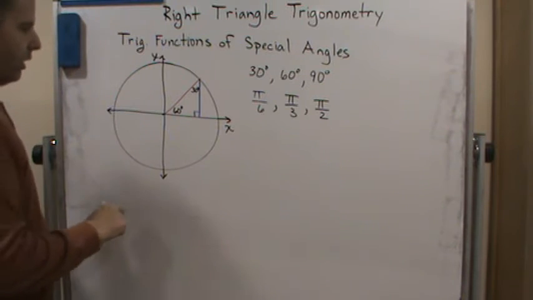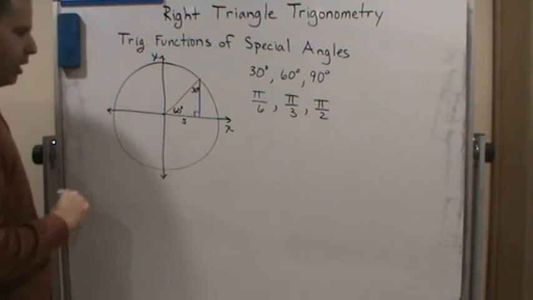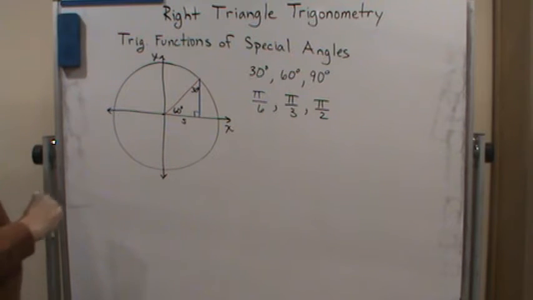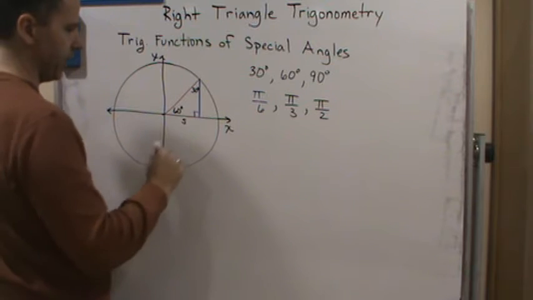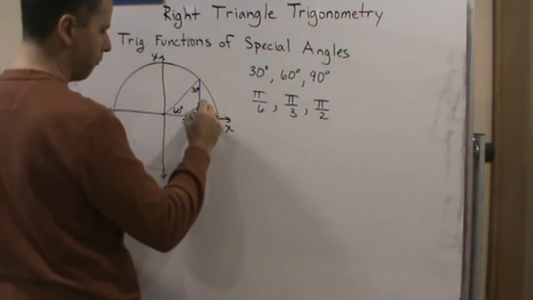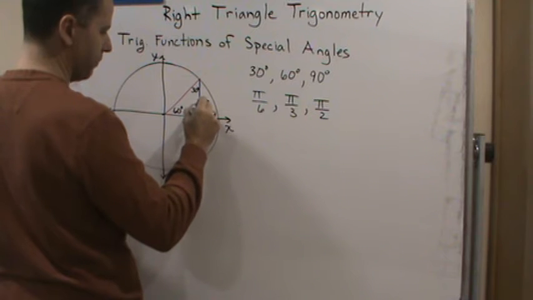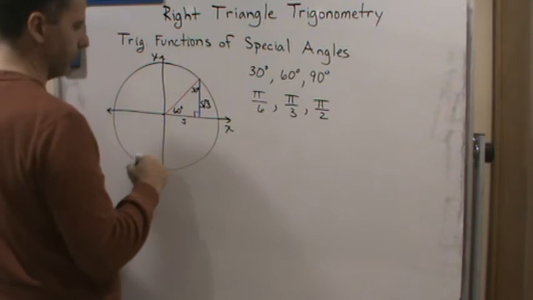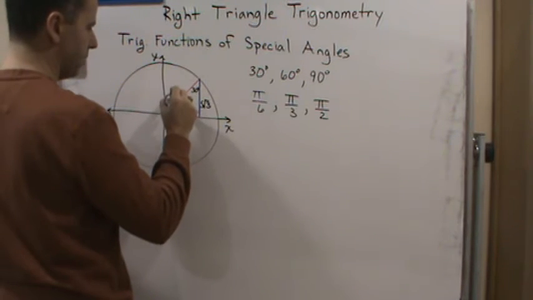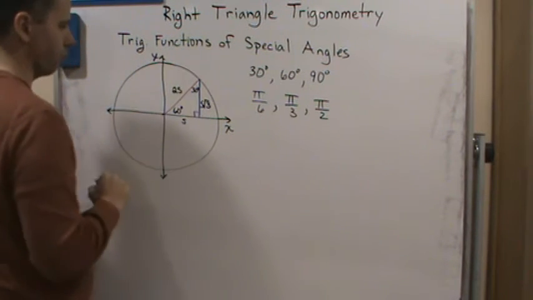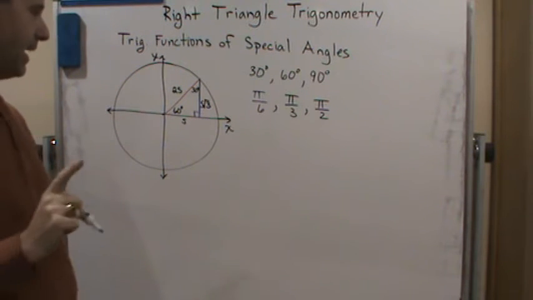Now, this side here, whatever that length is, we'll call that S. This side here, because it's a 30, 60, 90 triangle, is going to be the square root of 3 times S. So S times the square root of 3. And then the hypotenuse is going to be 2 times S. So that's the relationship between the three sides.